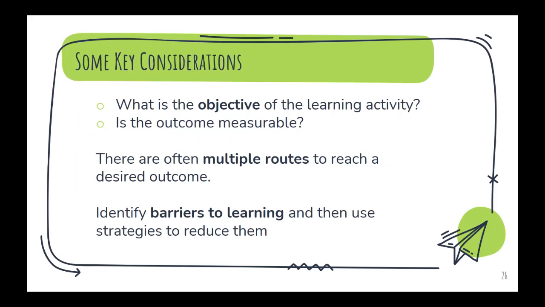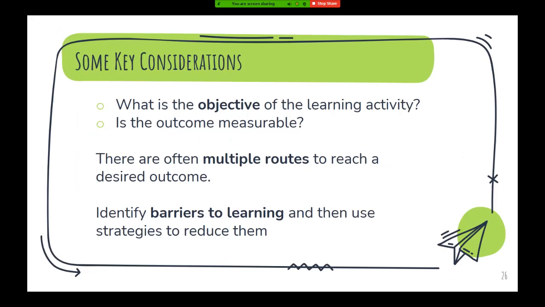Some key things to consider, and these are actually just 3, is to look at your various assignments, activities, assessments, and ask yourself, what is the objective? What is being measured by completion of this assignment, activity, or assessment?